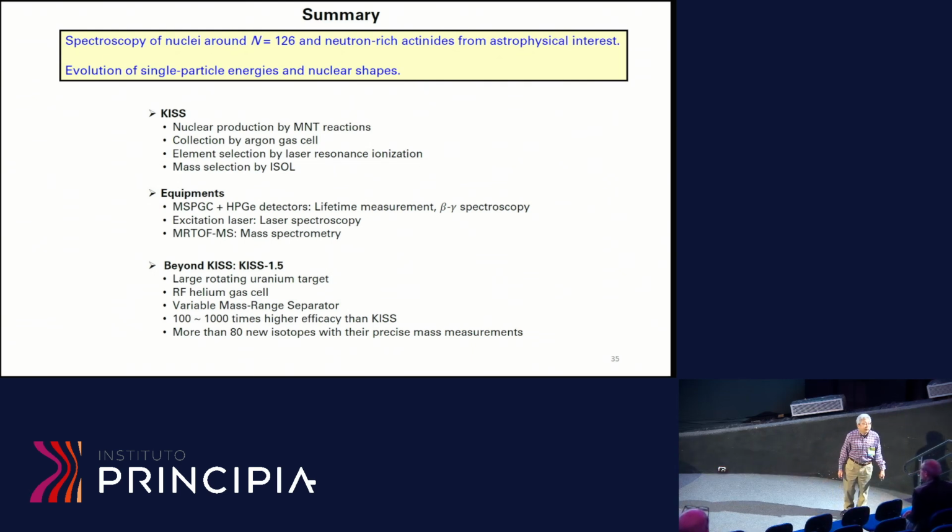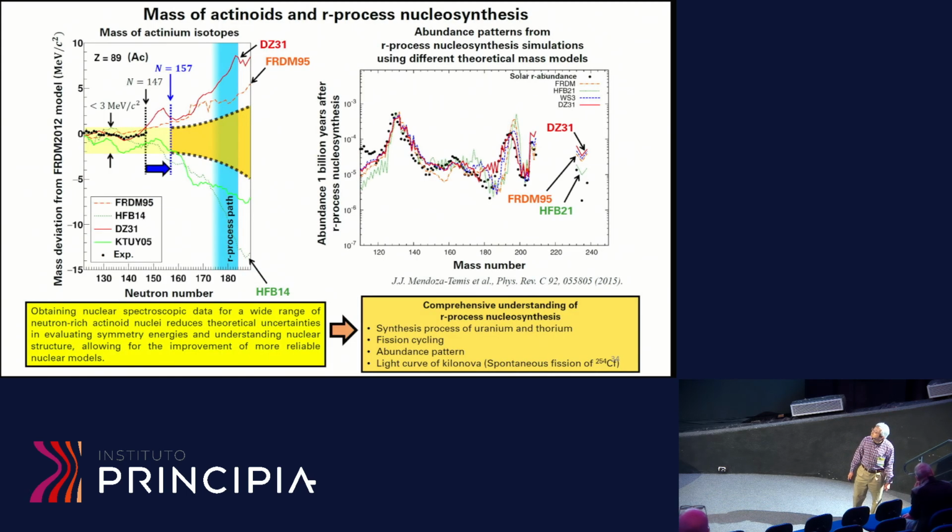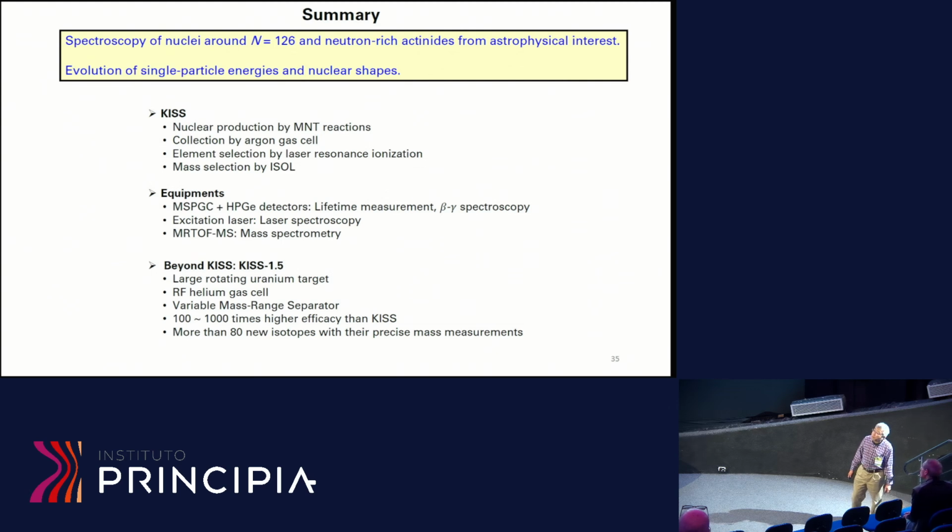Thank you for this nice overview of the activities on these heavy isotopes. I'm just wondering about exactly your first line, nuclear production via multi-neutron transfer reactions. I was wondering if the process itself could be interesting to get information, maybe on short-range correlations.